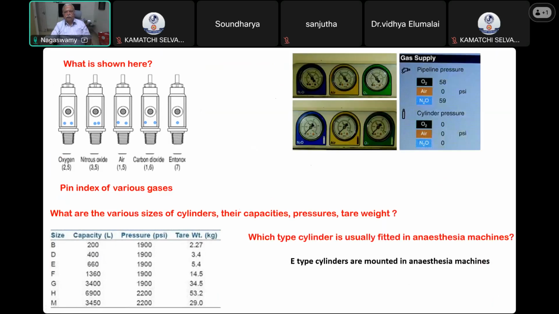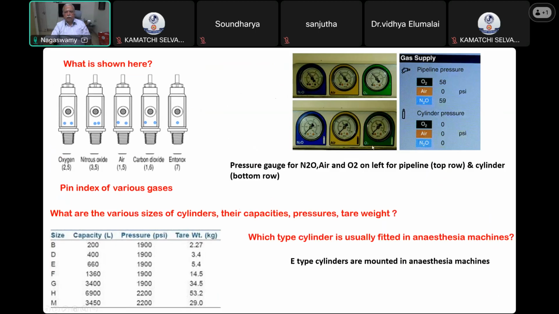Now, what is being shown here? Pipeline pressure and cylinder pressure, both in the pressure gauge form as well as in the digital form. You can see the top row is the pressure gauge for nitrous oxide, air, and oxygen.